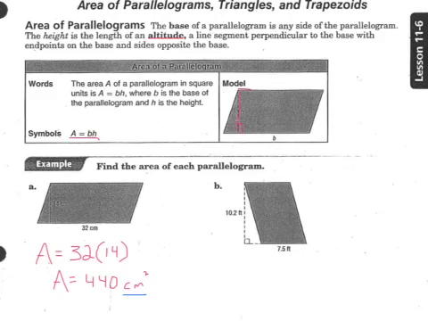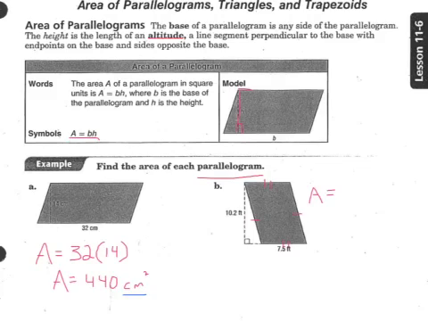So in example B, we have the area of a parallelogram because they told us it was a parallelogram, but also let's remember a parallelogram has opposite sides that are the same length and they are parallel.